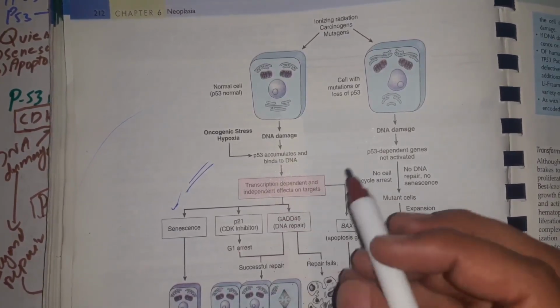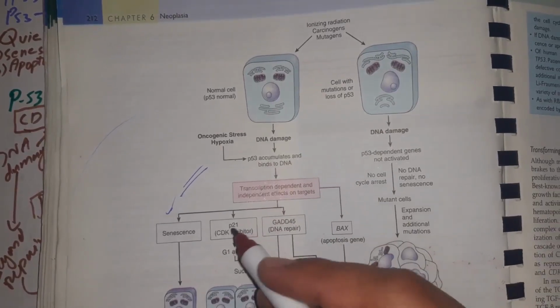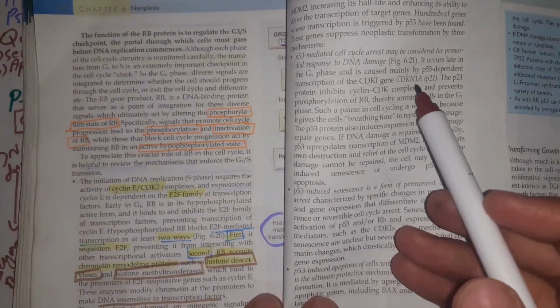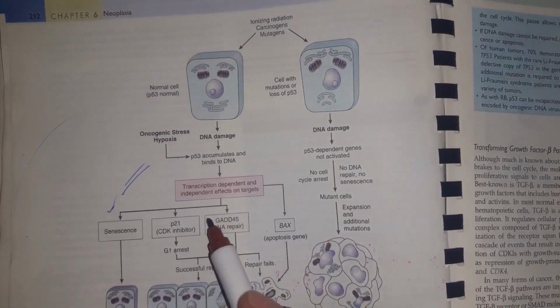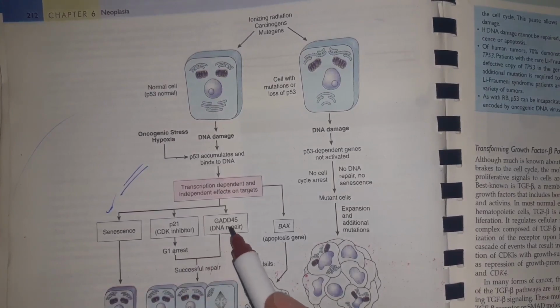On one side, it induced p21, the protein product of the CDKN1A gene. It led to the arrest of the cell cycle at the G1-S phase by interacting with retinoblastoma. On the other side, the GADD45 gene got activated and the DNA repair mechanism got activated, and there was repairing in the cell cycle.